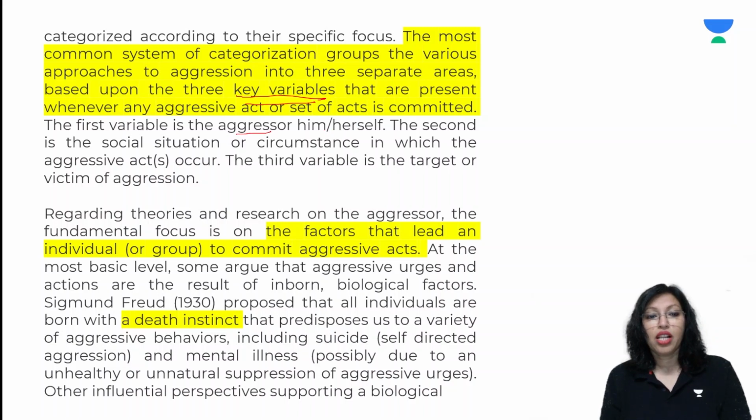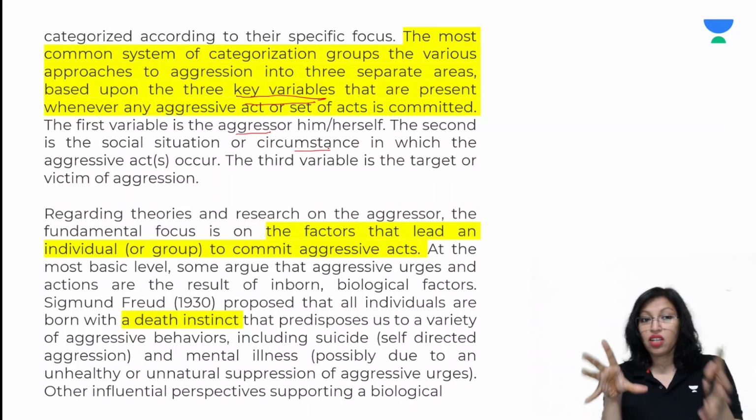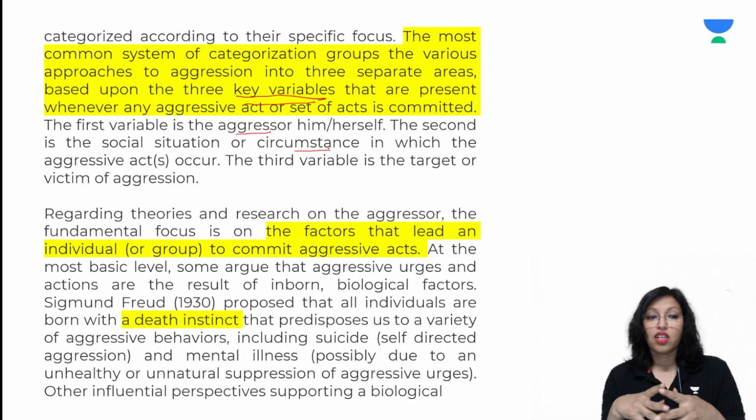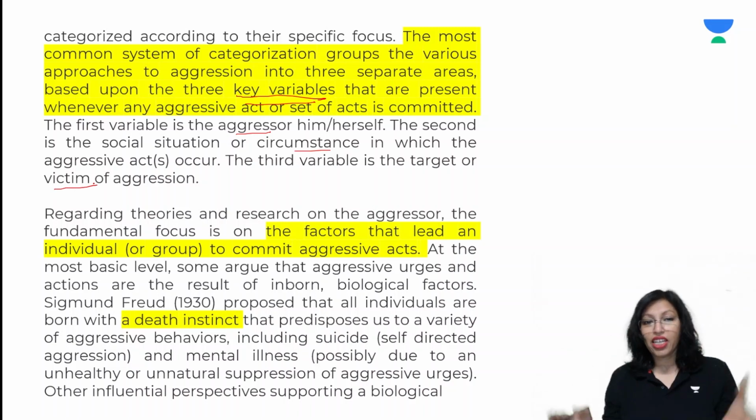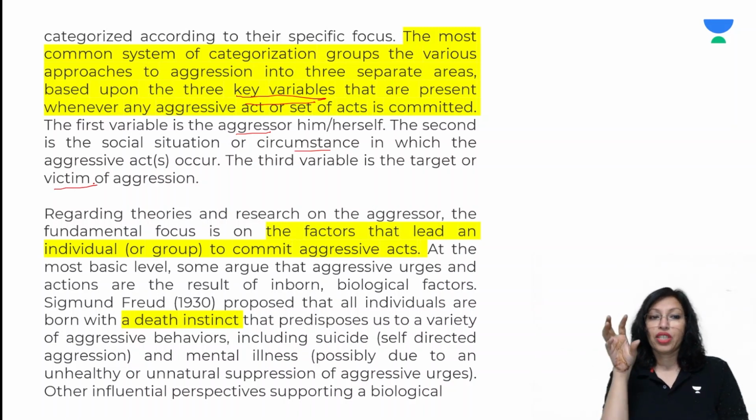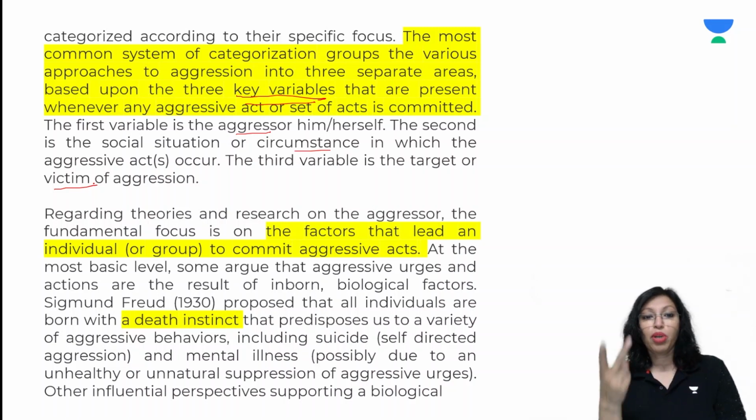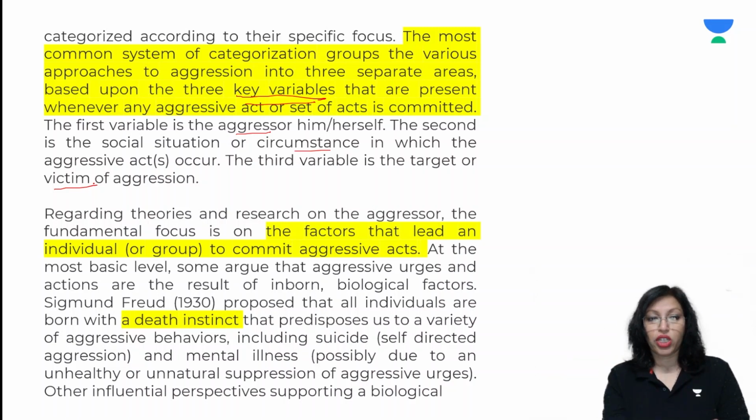The second variable is the social situation or circumstance in which the aggressive act occurs. So the situation in which the aggression occurs, that's the second one. The third variable is the target or the victim of aggression. So now you can categorize the aggression on three patterns. Number one, who is the aggressor? Number two, what is the social situation?